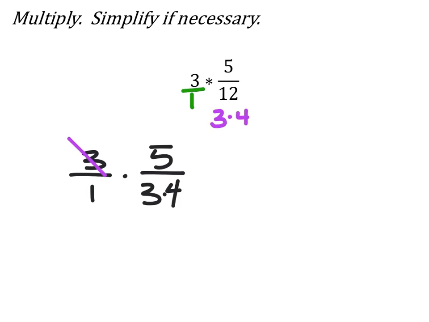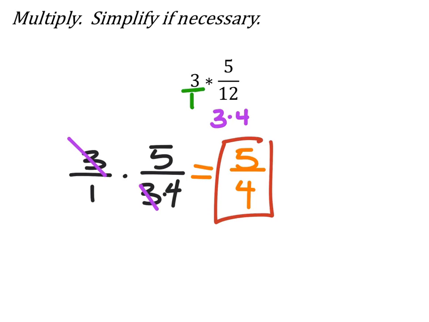See how I have a 3 in the numerator and 3 in the denominator? We'd just be multiplying those together, but that would add a few extra steps to the problem. Now in the numerator I just have a 5, and the denominator 1 times 4 is just 4. So it ended up being simplified, in this case 5/4, which would be the final answer.